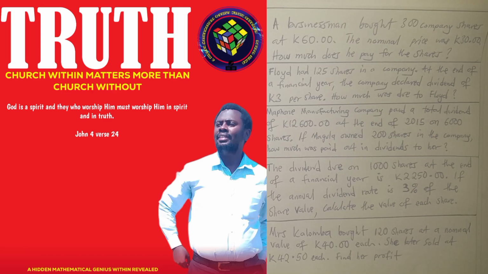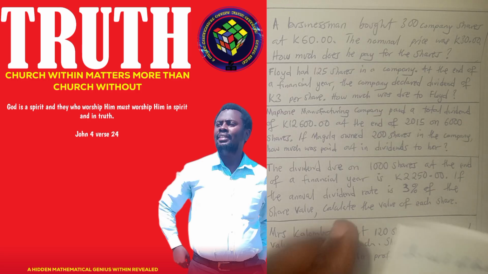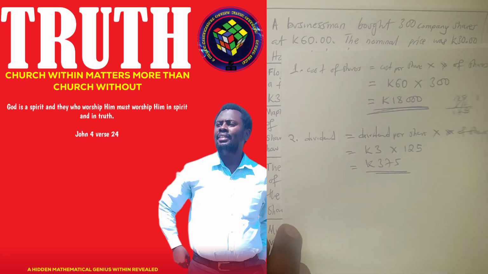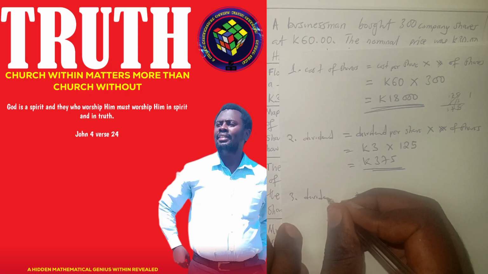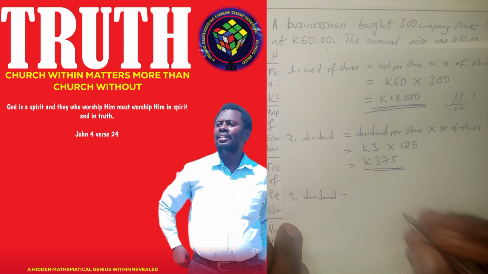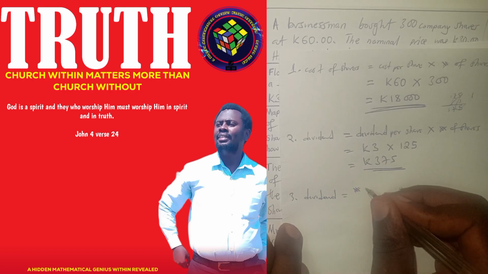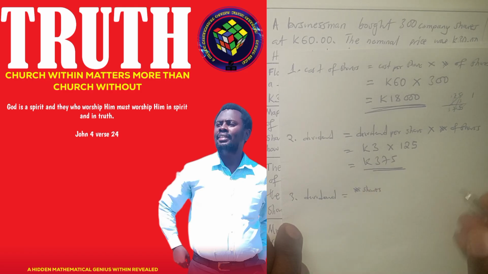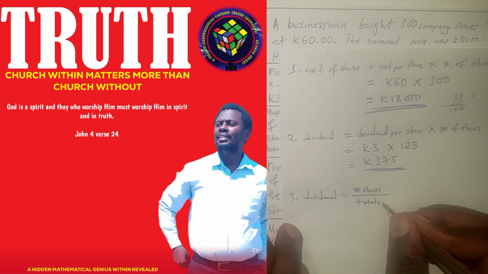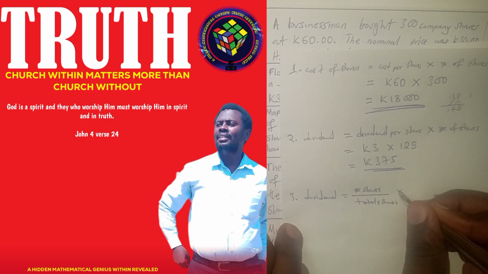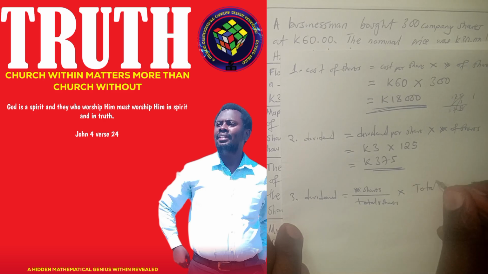So in this case, we have the number of shares, then we have total shares and the total dividend. Okay, so the formula for calculating dividend here, we say dividend is equal to number of shares, that is for Magula, over total shares times total dividend.